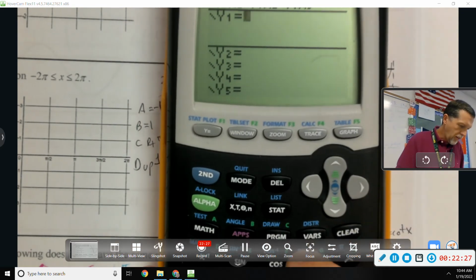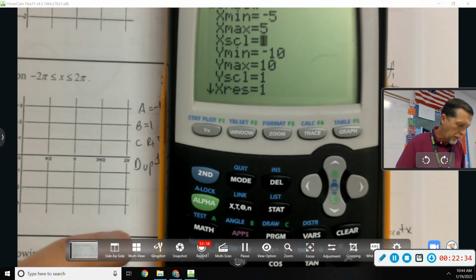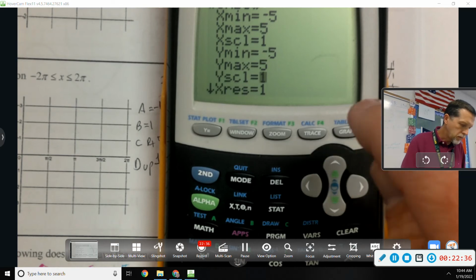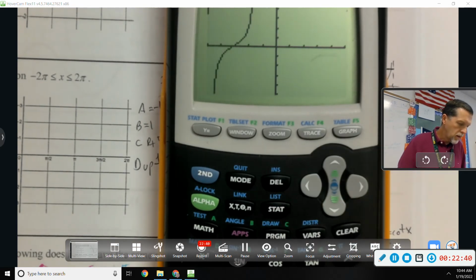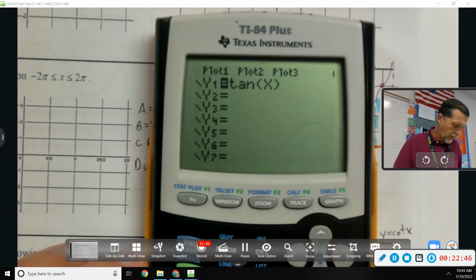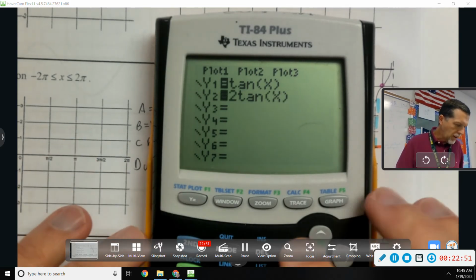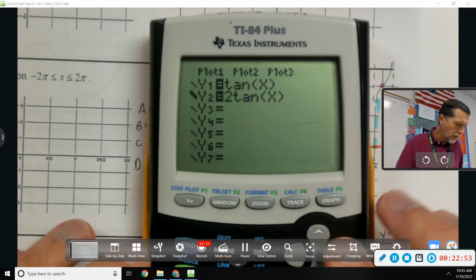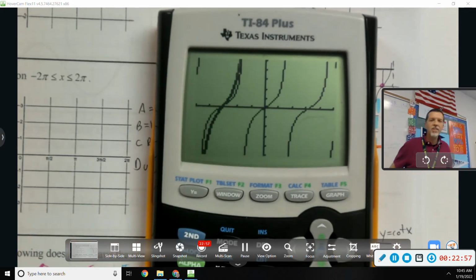So let's graph tangent of x. I don't know if this is a good window or not. That's a pretty good window. So there's the graph of tangent of x. Now let's graph 2 tangent of x. So we'll stretch it by 2, and I'll make it the bold one. So here comes 2 tangent of x.